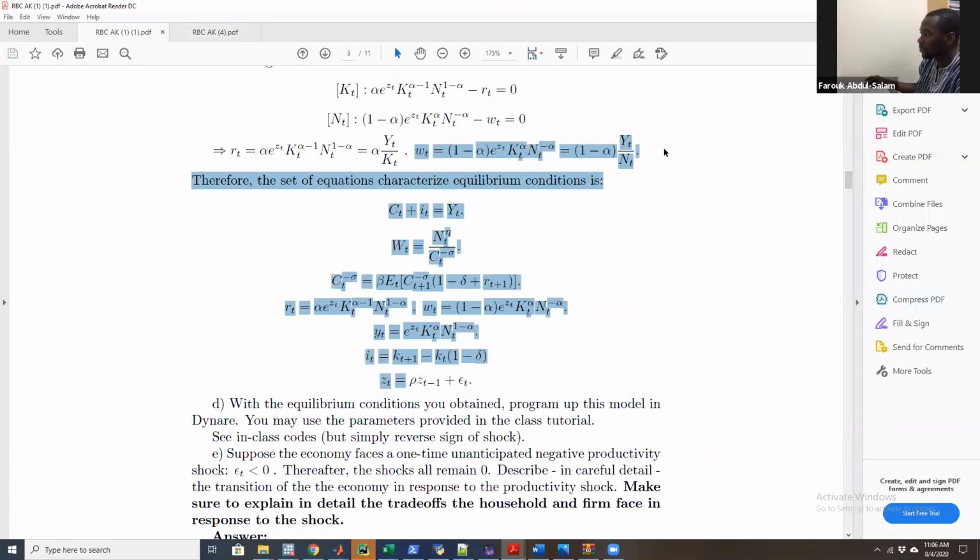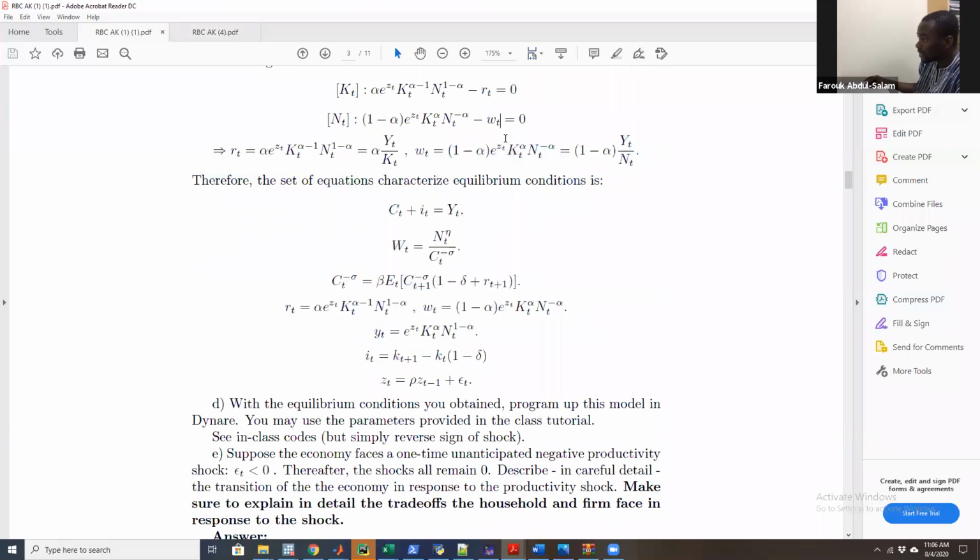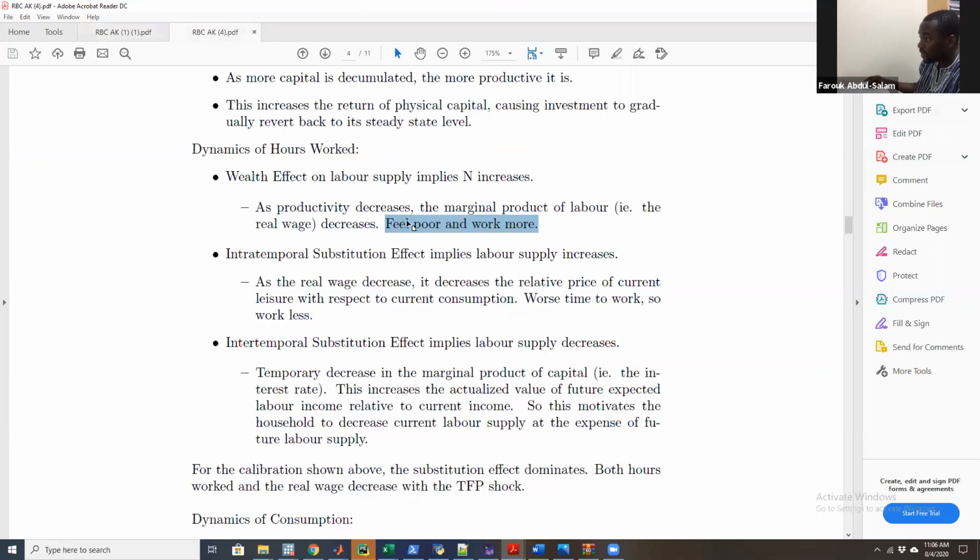This is my wage equation, right? When Z is down, W is down. And when W is down, this is where the individual feels poor and would like to work more. So that's one effect, the wealth effect of this shock. It makes you feel poorer, and as you feel poorer, you might want to work harder.